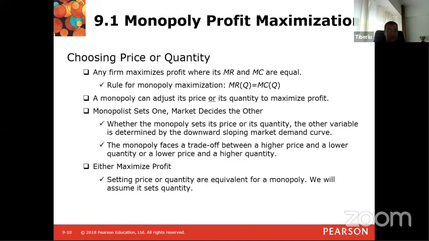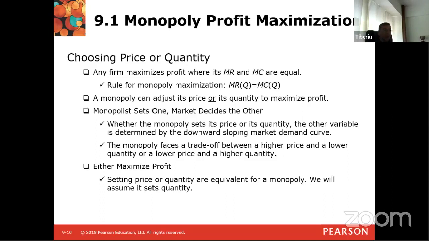Okay, let's take monopoly. Any firm maximizes profit. Rule for monopoly maximization: a monopoly can adjust price or its quantity to maximize profit.